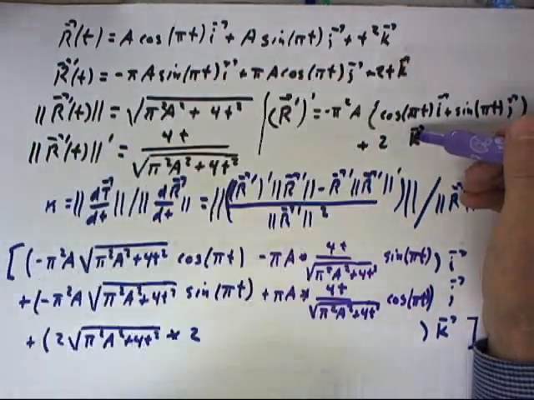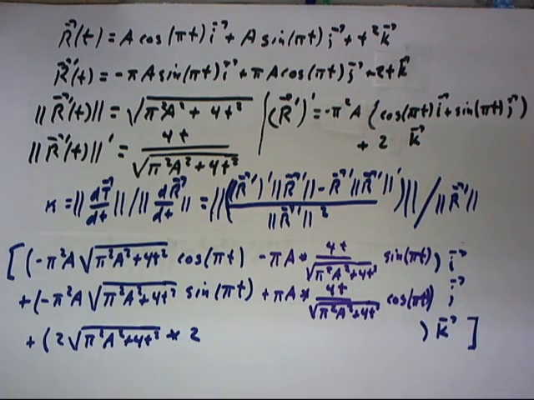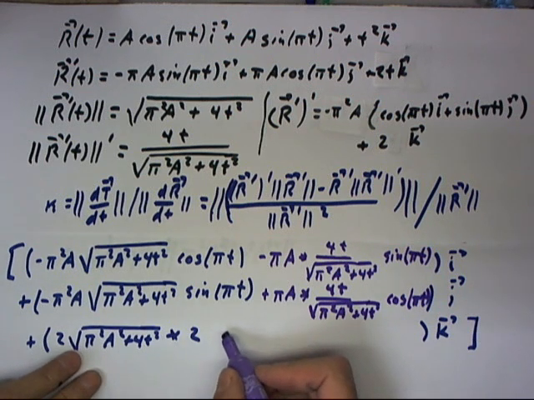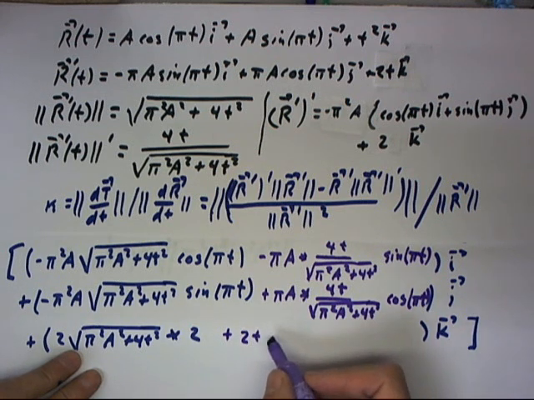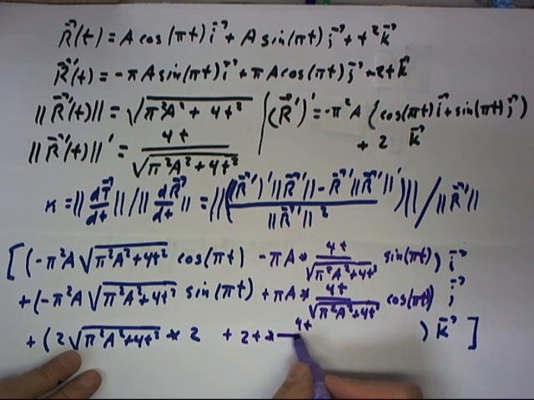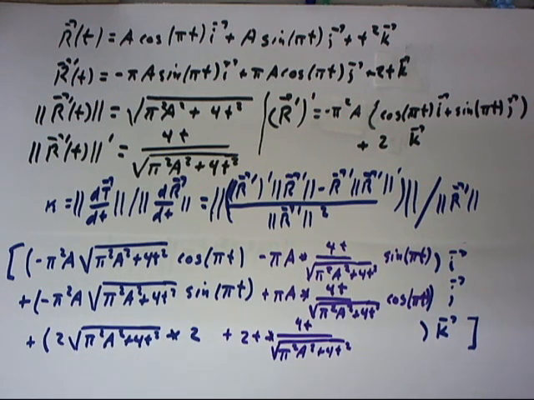Okay, so we have a 2t k multiplied by the 4t over the square root of pi squared a squared plus 4t squared. That's going to give us, well, let's write it out, 2t times 4t over the square root of pi squared a squared plus 4t squared. That'll be times k.